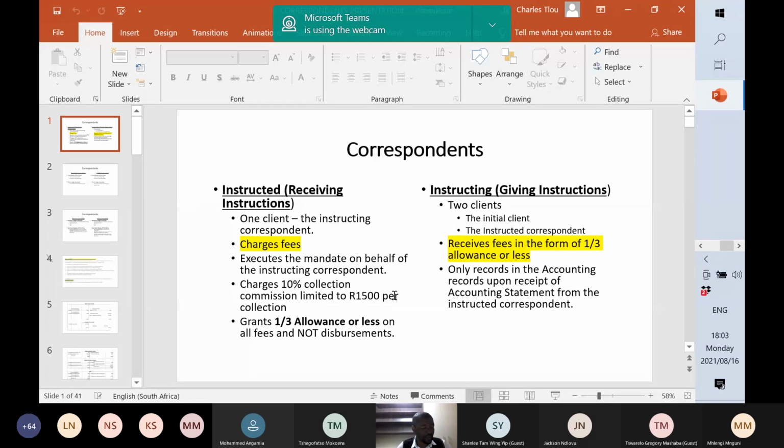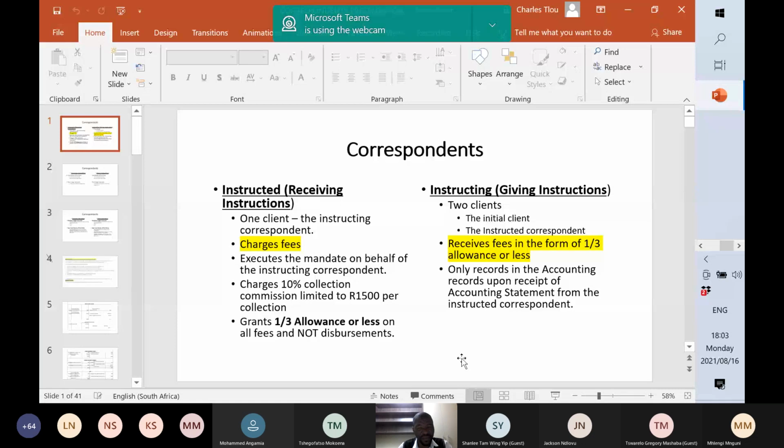What is the 10%? 225. 225 Rand. So that is the 15% of 1,500.